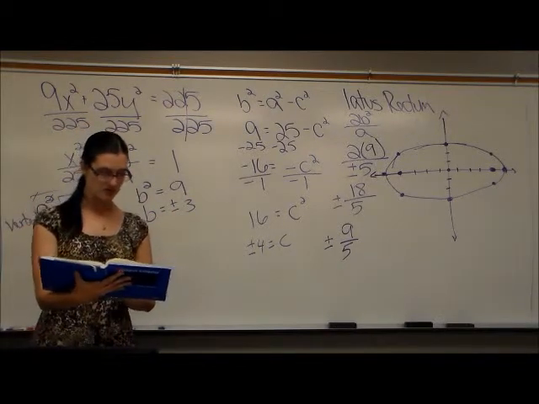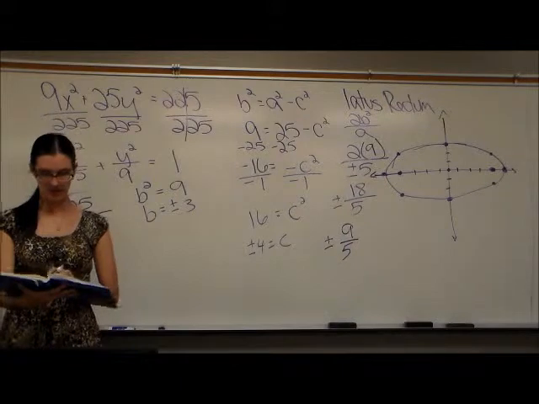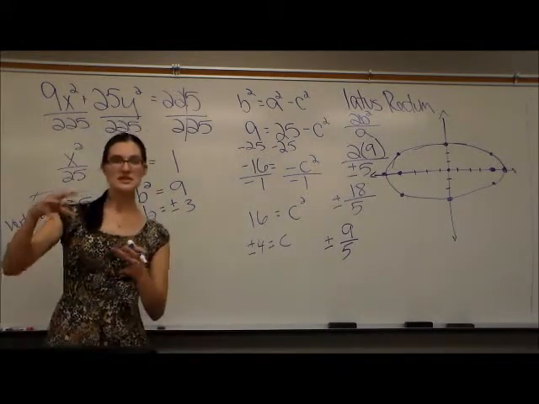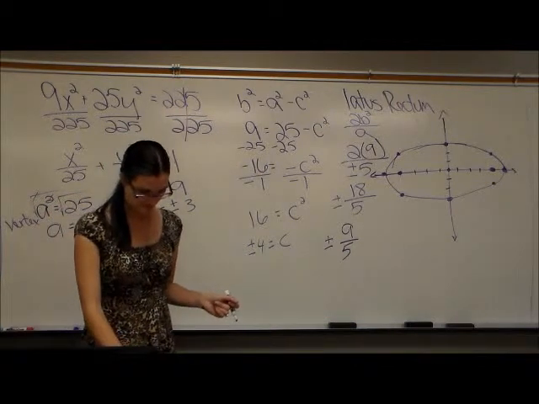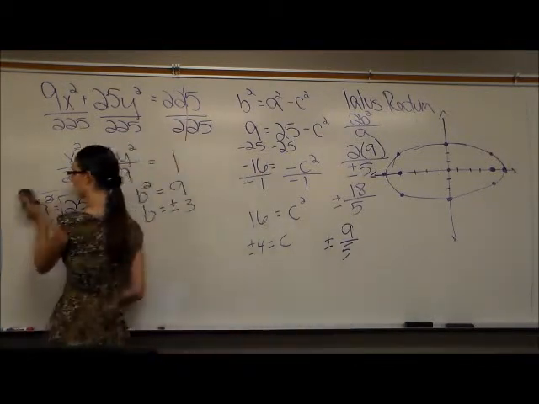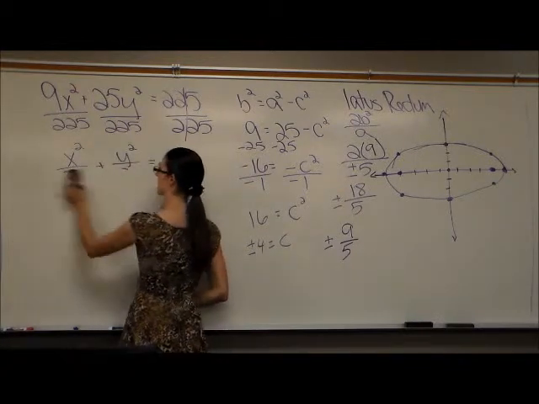So the next thing we're going to do is an ellipse with a center at h, k. So just like with parabolas in 3.2, we're going to move the center and have it on an ellipse as well. Your formulas are going to be very similar to your parabolas, how you had the minus h and minus k.